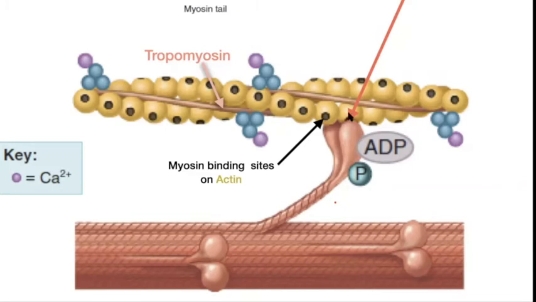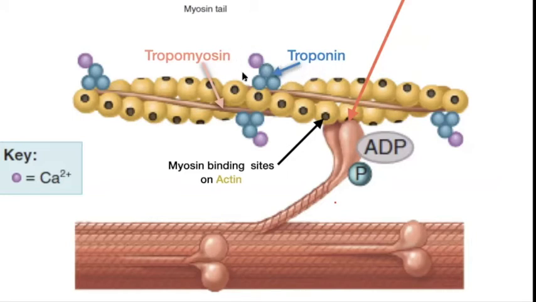That is, it keeps them in a position away from the myosin heads. So tropomyosin is stopping that interaction just by the way it twists around the actin filaments.